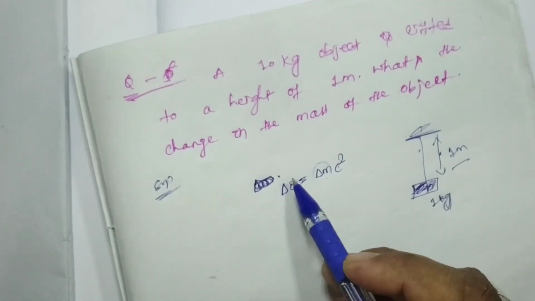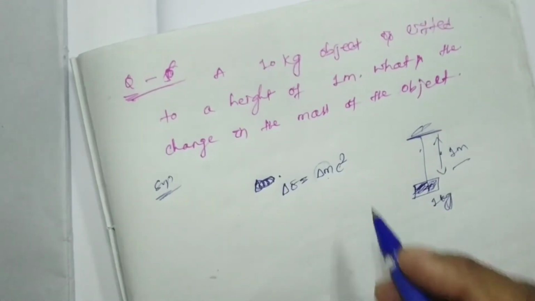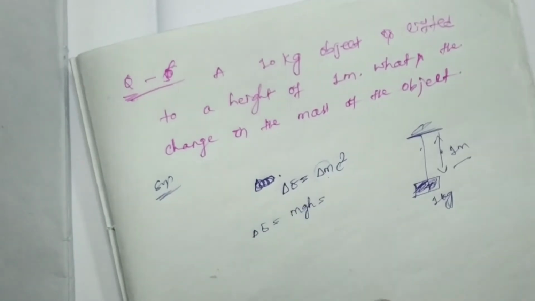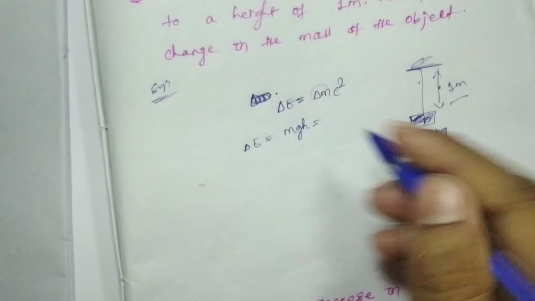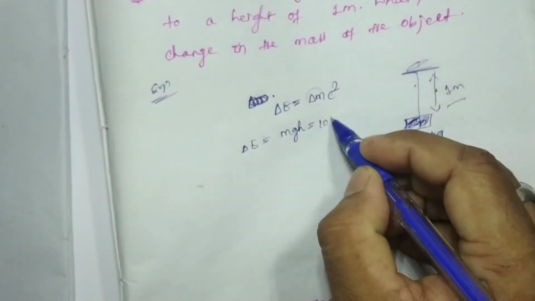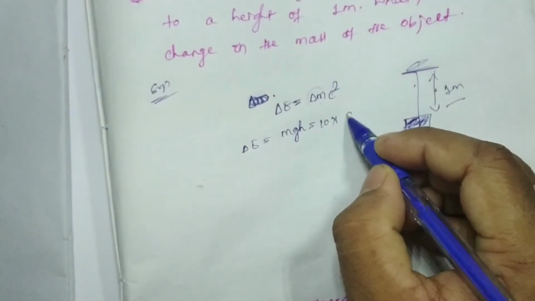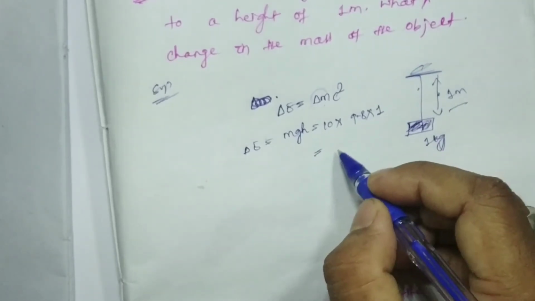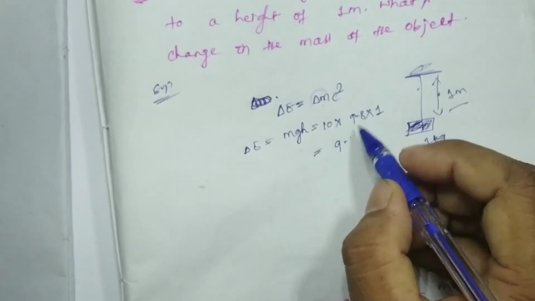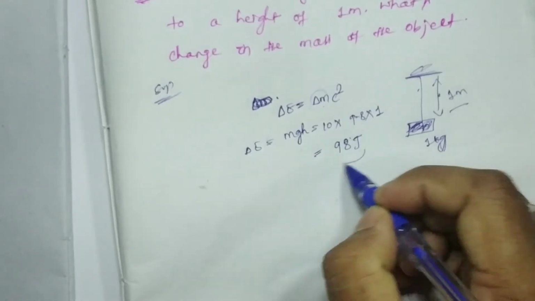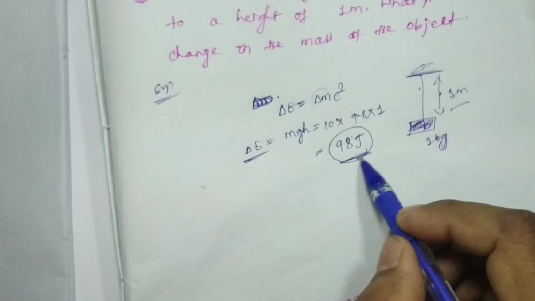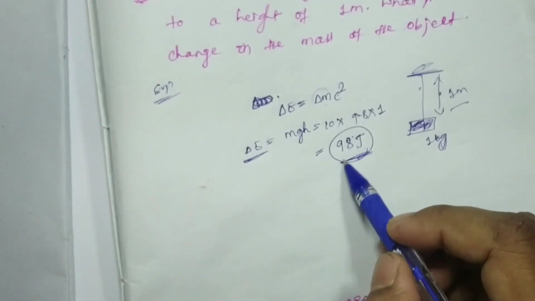So first we have to calculate del E, which is nothing but mgh, the amount of work done. Here m is 10 kg, g you can put 9.8, into h, 1 meter. So the work done is 98 joule.